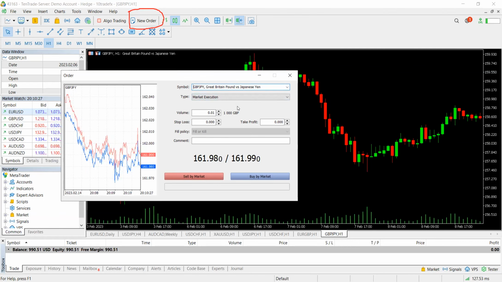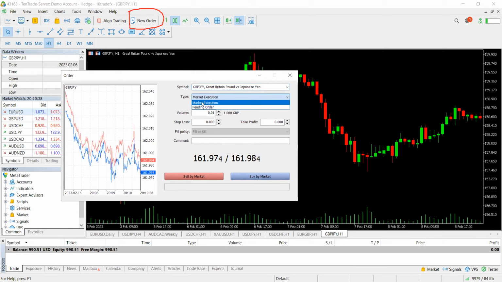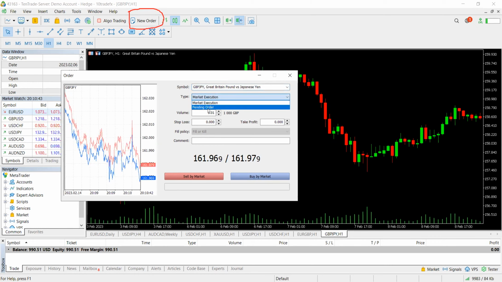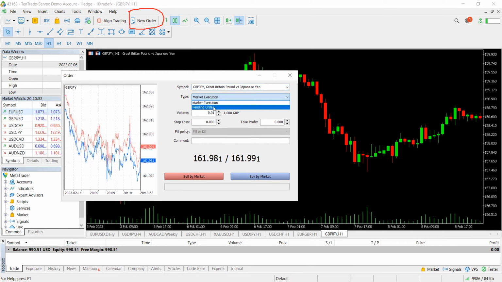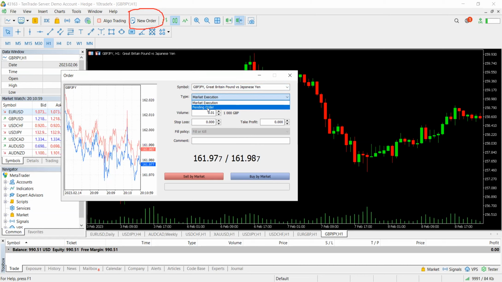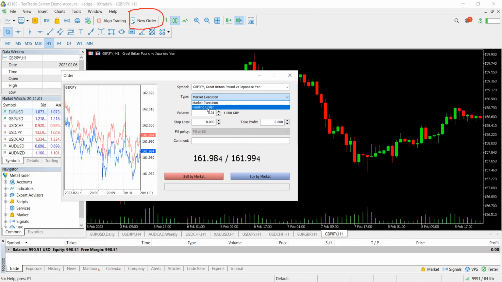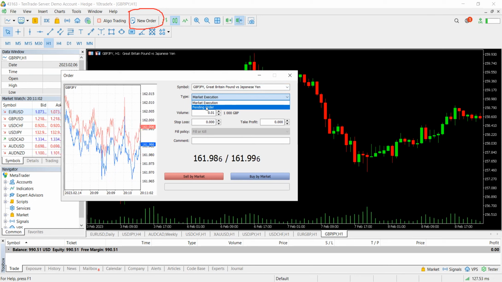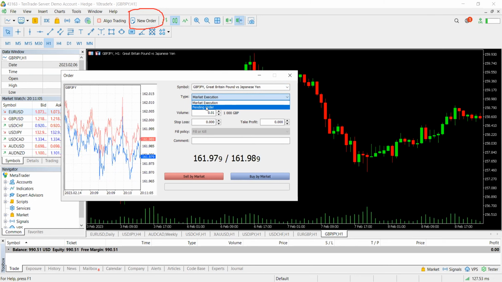When you click on it, you see market execution, which is instant execution, and then you see pending order. If you want to enter the market immediately for a buy or a sell, you use market execution. If you want to use a pending order like sell limit, sell stop, or buy limit, you use a pending order. We are going to do an example for both.